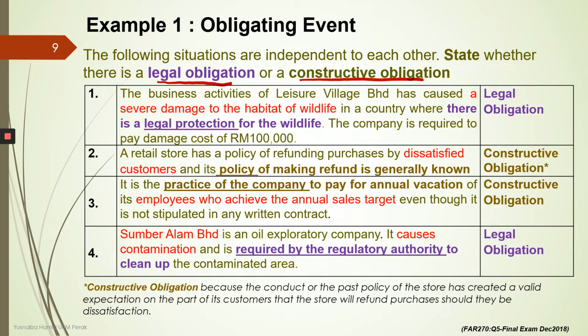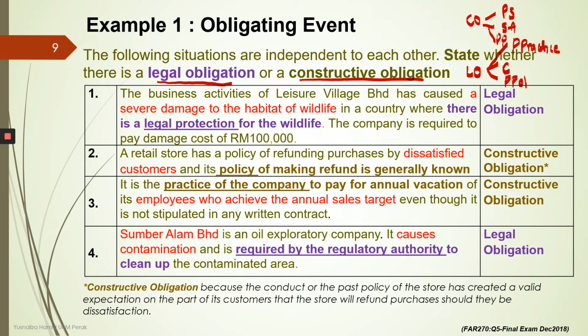Recall, legal obligation has something to do with contract, and constructive obligation has something to do with the action of the entity that has created a valid expectation, which is through published statements made by the company, through specific announcements, and also through past practice. You can check back what I mentioned just now.